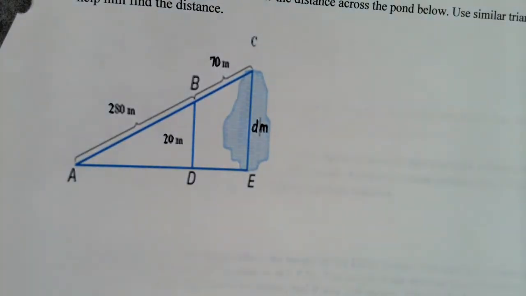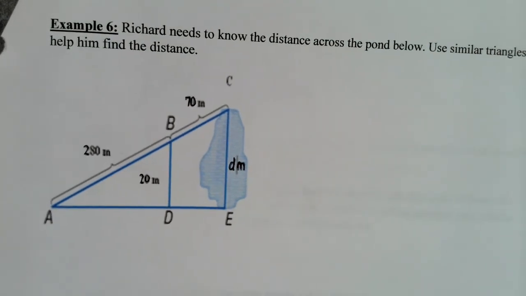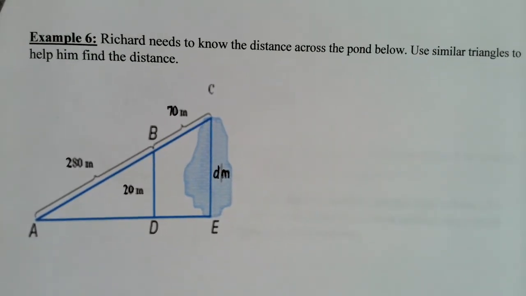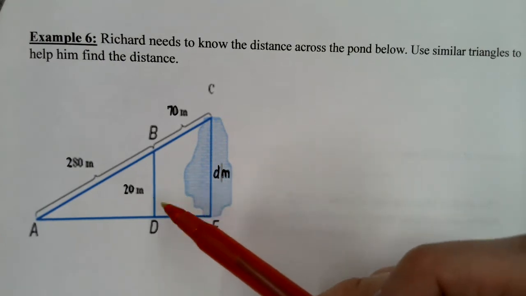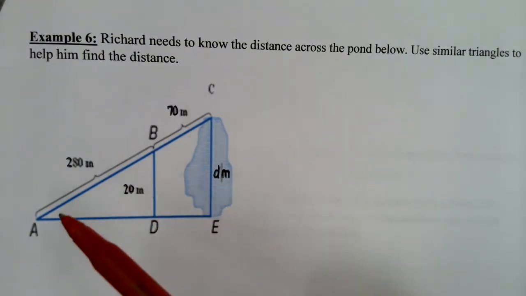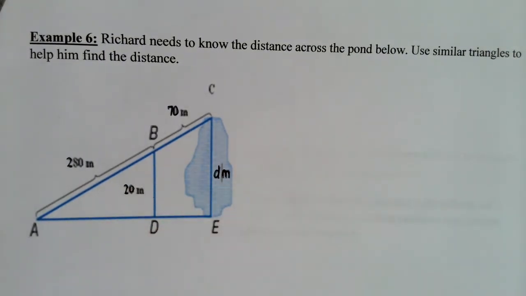Okay, so Richard needs to know the distance across the pond below. Use similar triangles to help him find the distance. Okay, so these two triangles are similar by angle similarity. This is parallel to that. So you have corresponding angles congruent, and this angle is in common to both. So let's select my proportion and let's solve.